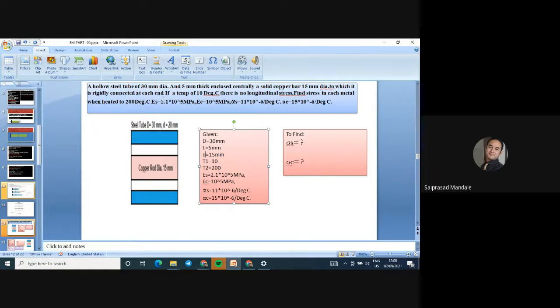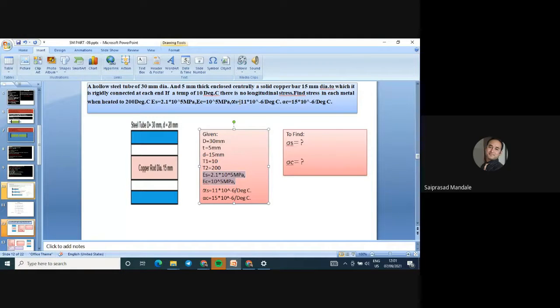It is rigidly connected at each end. At a temperature of 10 degrees Celsius, that is T1, there is no longitudinal stress developed. Find the stress in the metals when heated to 200 degrees Celsius, that is T2. The modulus of elasticity E of steel and of copper is given, and alpha for steel and alpha for copper is given.